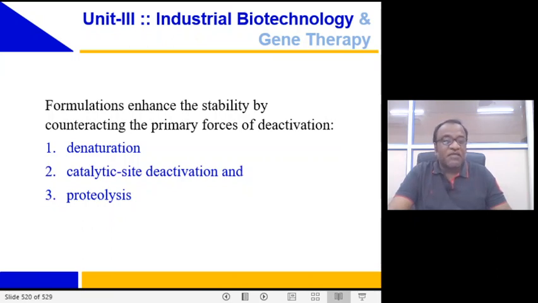So you have to minimize the unfolding. How to minimize the unfolding? In order to minimize the unfolding, the formulation should be in such a way that it can alter the protein's environment so as to induce a compact protein structure. So your formulation should be such that the protein attains a compact structure and it minimizes the unfolding process.